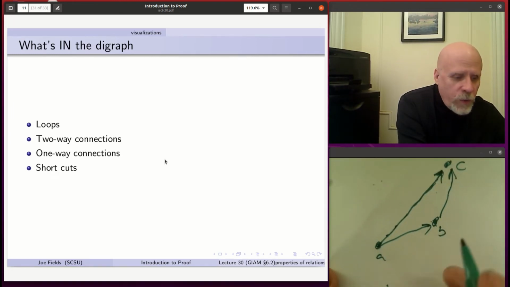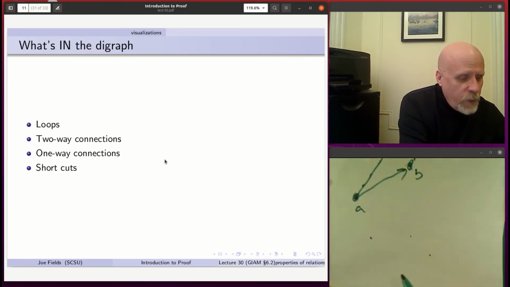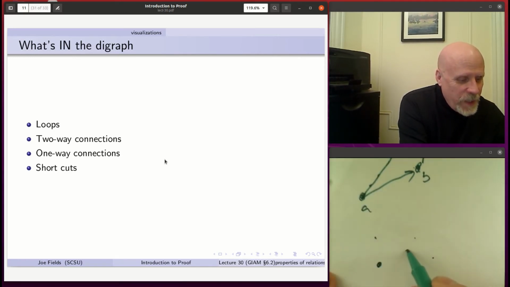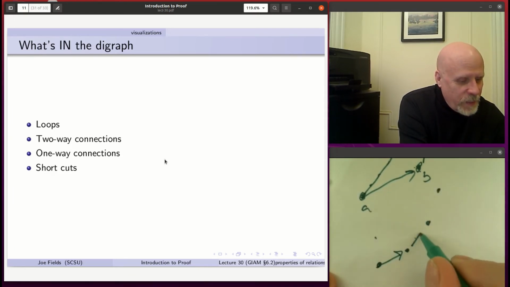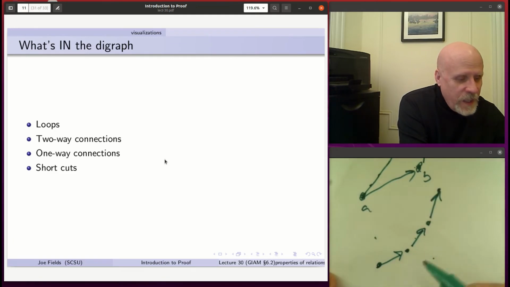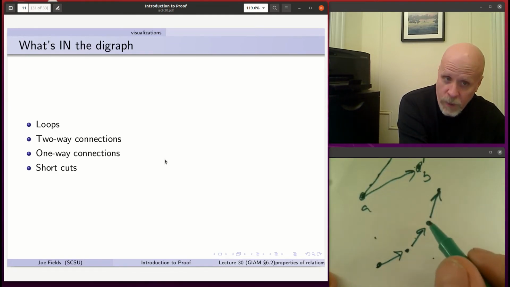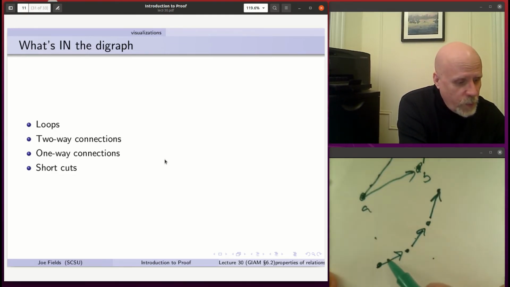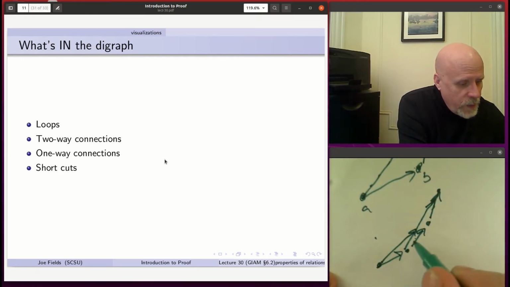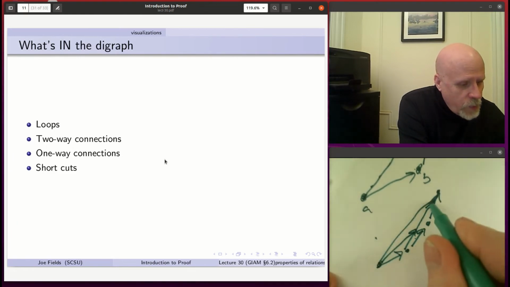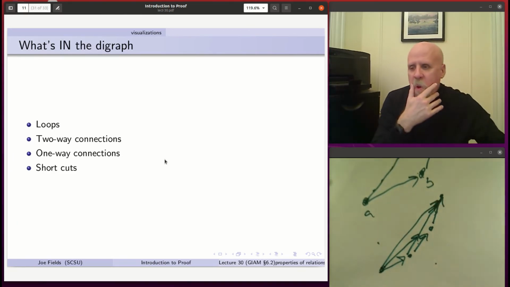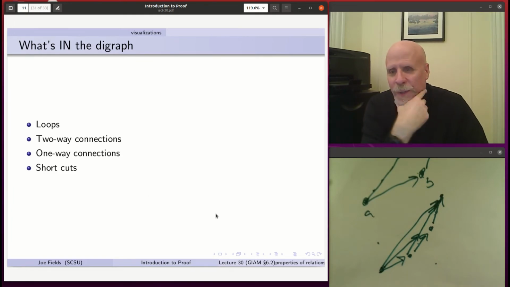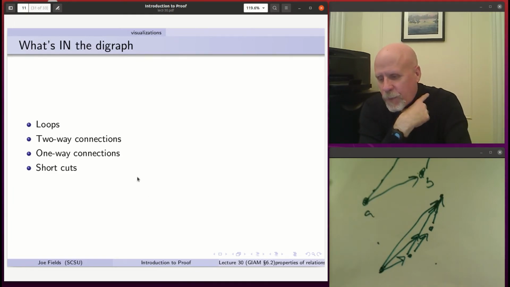So you will always see shortcuts. If you have a relation that has a big string of things connected like that, A is to B, and B is to C, and C is to D, were it to be transitive, you would need to have a shortcut, and a shortcut, and because of this one and that one, a shortcut. There's a direct route from the beginning to the end. So lots of shortcutting of things when you have transitivity.